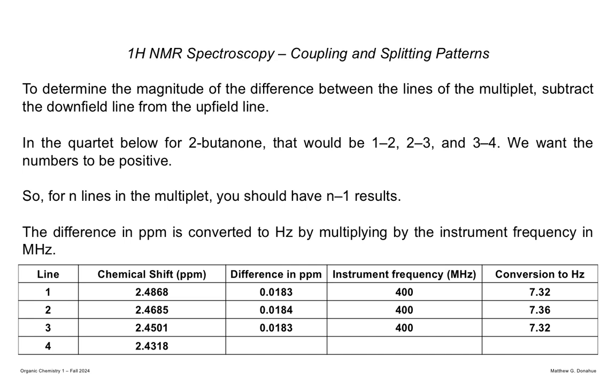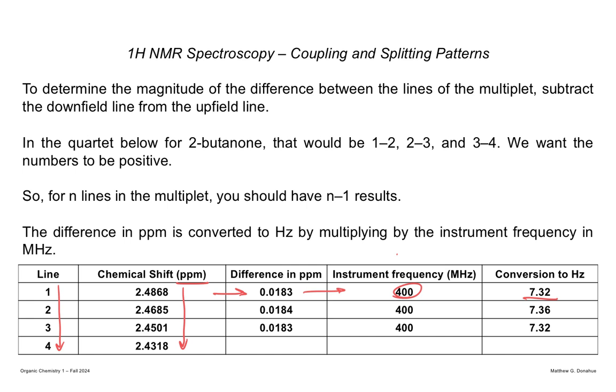So if we're reporting those 4 lines here in decreasing chemical shift in ppm, all we're going to do to arrive at this answer is take 2.4868 minus 2.4685, and we get a difference of 0.0183. And so we're then multiplying that number by 400 megahertz, which is the operating frequency of the instrument. And so when you do that, you get 7.32.